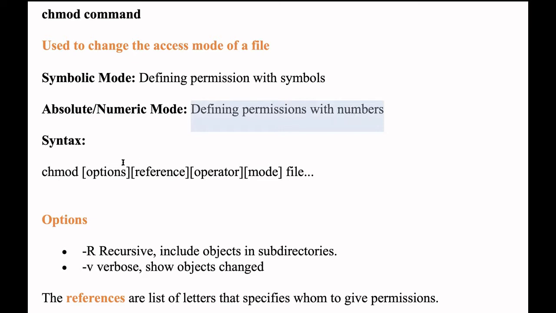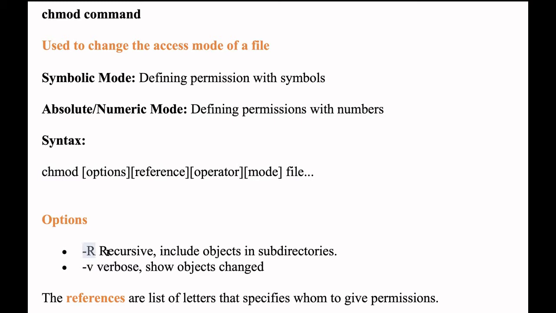The syntax for this is chmod, options, reference, operator, mode, and the file name or the directory name. So let us look at the options here. Now there are two options. One is -r, which is recursive.